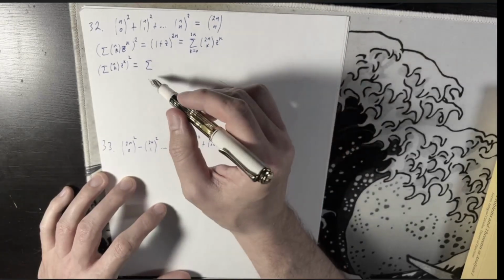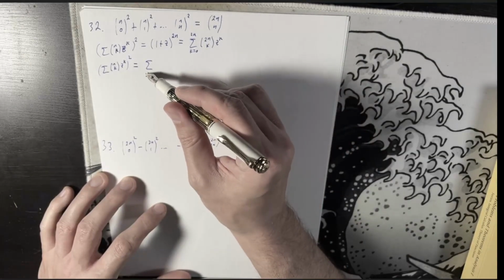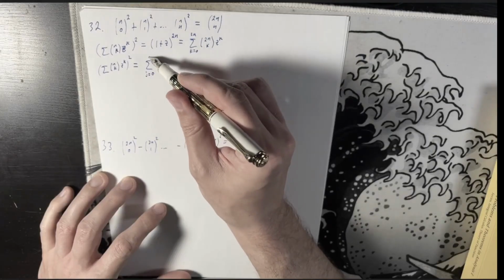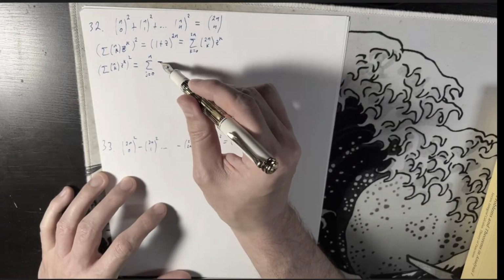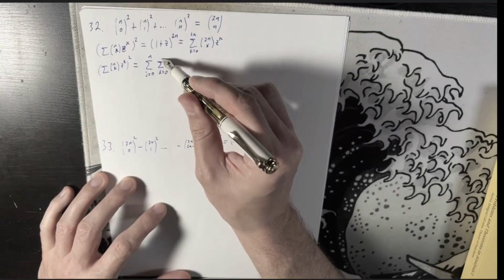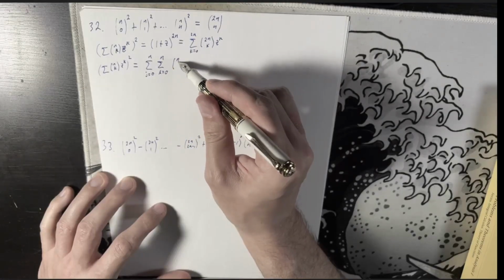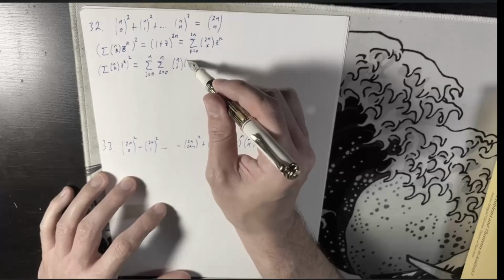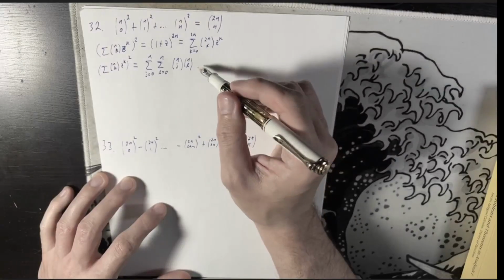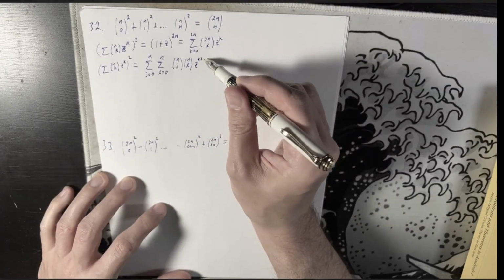Like, what if I had j from 0 to n, and like l from 0 to n, and we have n choose j, n choose l, z to the j plus l, right?